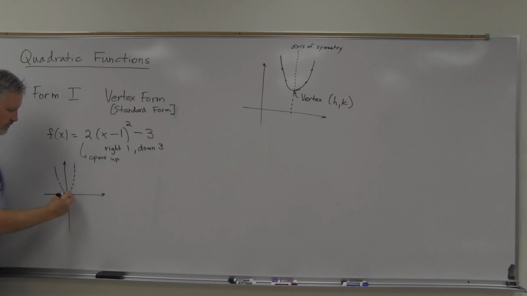If I go right 1 and then down 3, that's going to put my vertex where? Right 1 and down 3, so my vertex here is (1, -3), right?